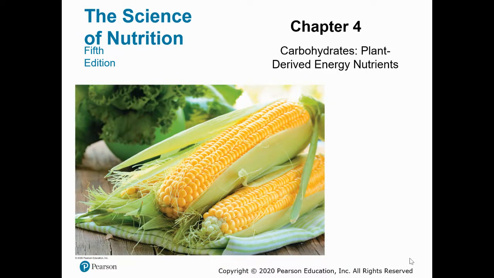But by and large, proteins have really important structural and functional roles for our bodies. And lipids, they kind of cut the difference. They do provide a lot of our calories, but they also have really important structural functional roles, particularly the phospholipids and the sterols. So today, in Chapter 4, we're going to be talking about carbohydrates.